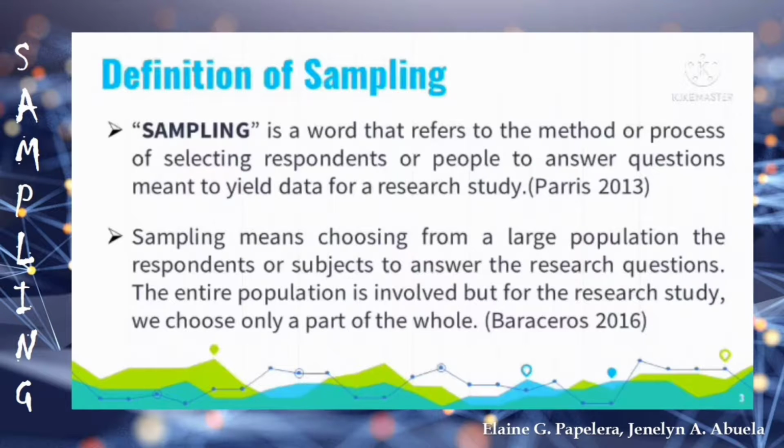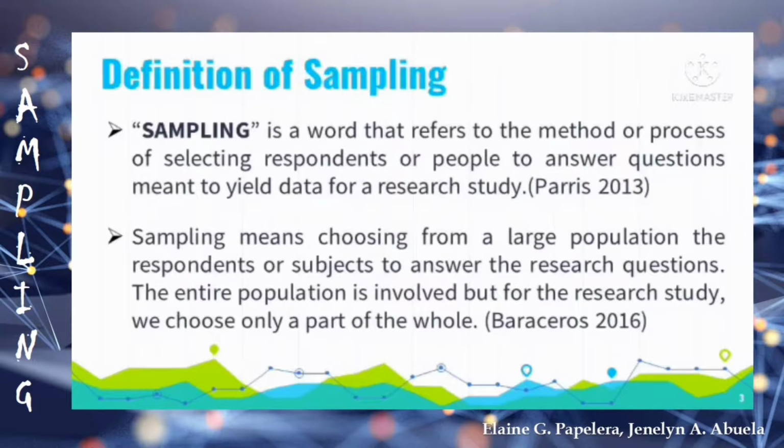Based on Paris 2013, sampling is a word that refers to the method or process of selecting respondents or people to answer questions, meant to yield data for a research study.